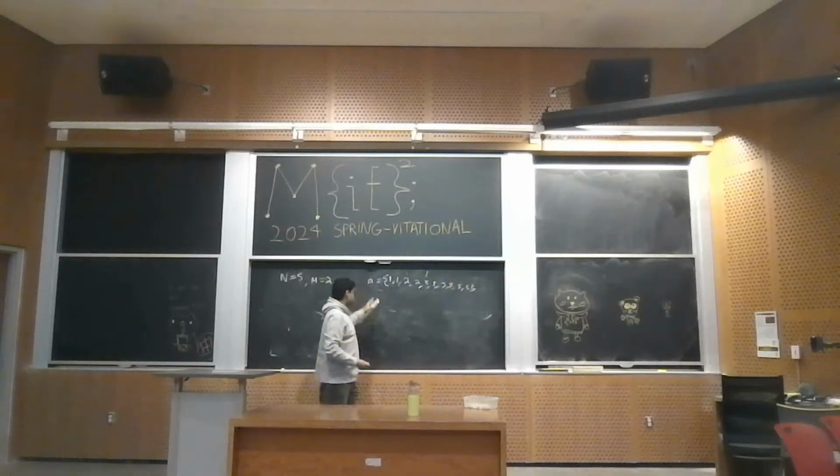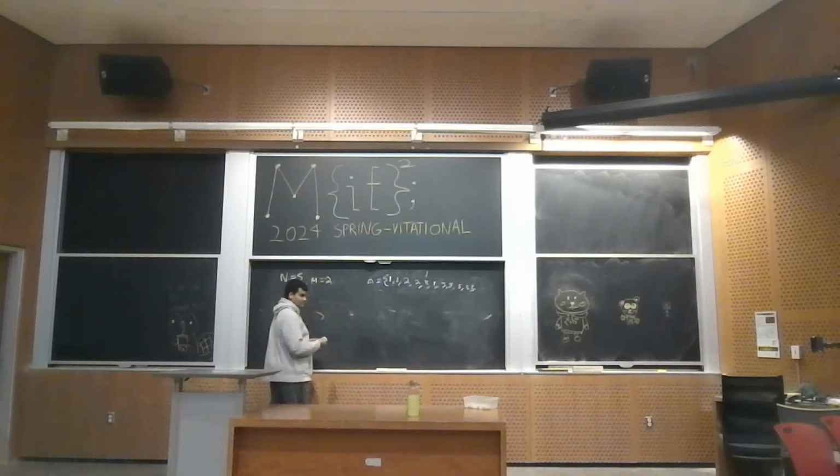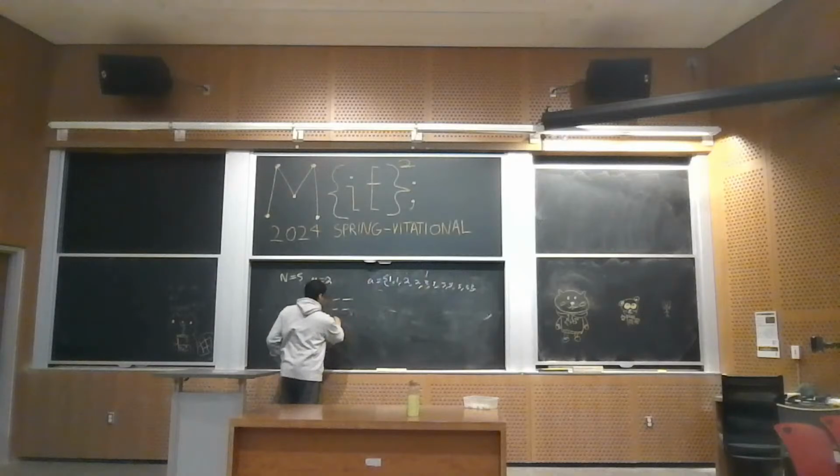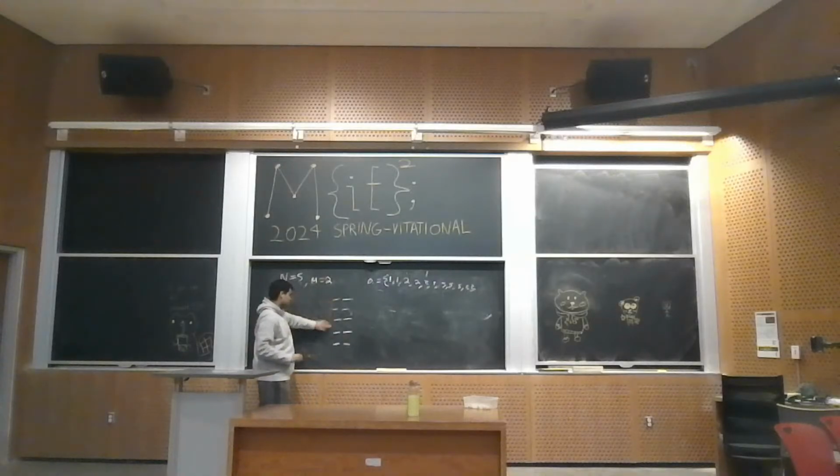So importantly, the multiset is of size n times m, and the premise is that you're going to make n words that are each of length m. So let's make spaces here. So these are each 5 words that we have to make that are each of length 2.